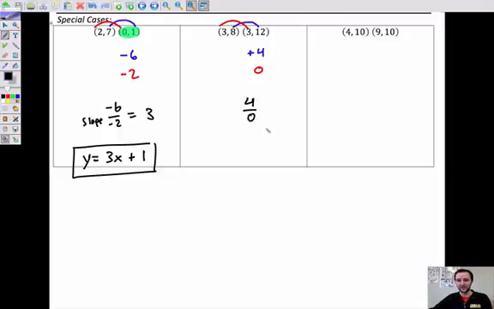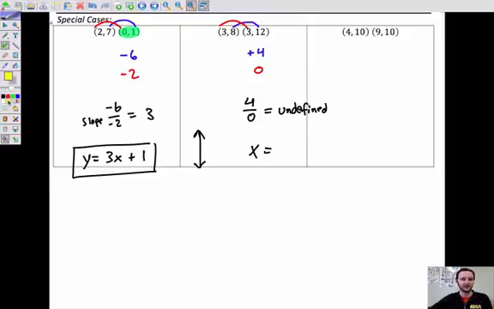But you can't divide by 0. You guys know that. You can't divide by 0. So anything divided by 0 is undefined. And we know that an undefined slope looks like this. So this is going to be one of these types of lines, which is an x equals line.